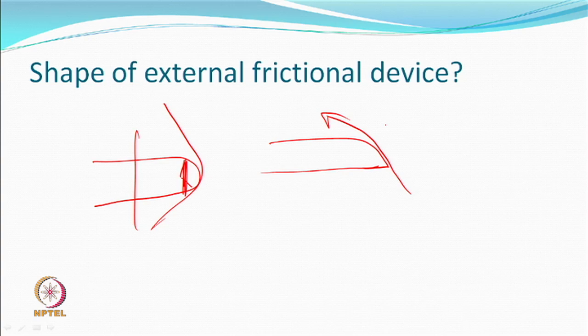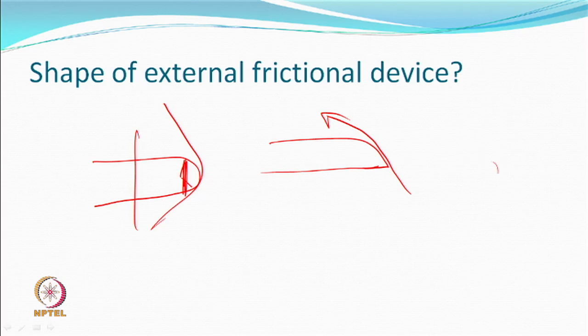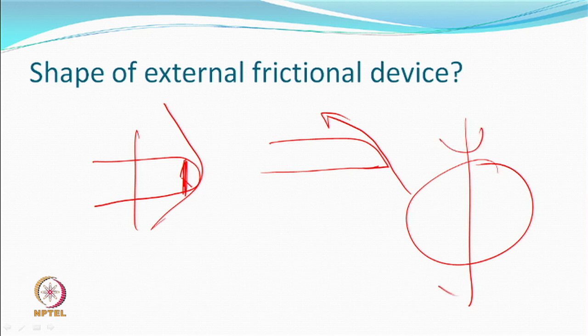Can there be any other type of a surface? Think about it, instead of this, suppose you have a sphere which is rotating. Will it do the job, not do the job? You can think about it and see if you have some answers to that.